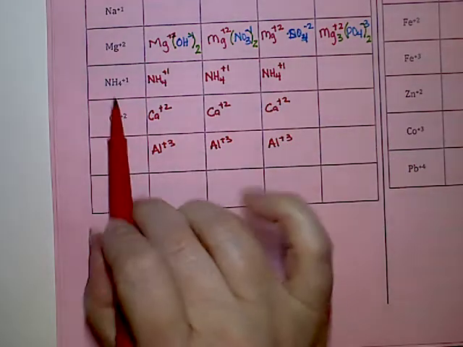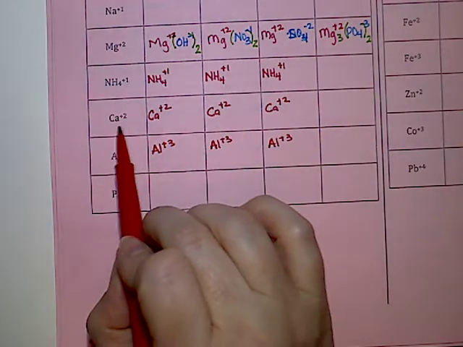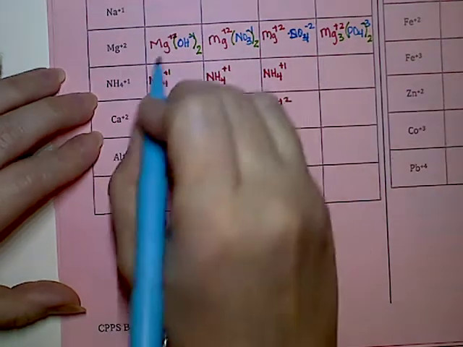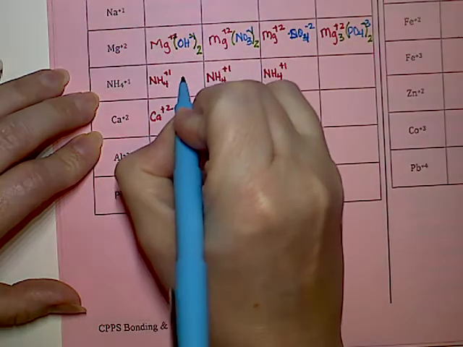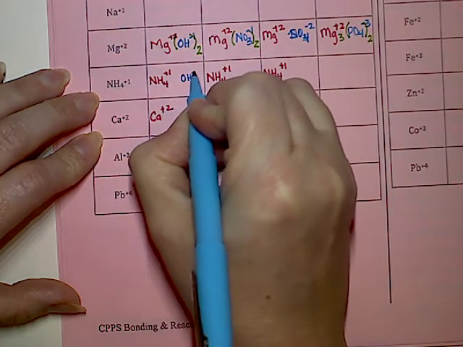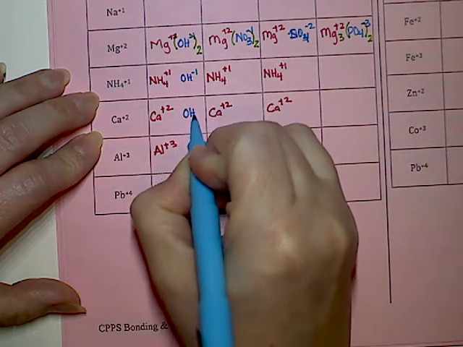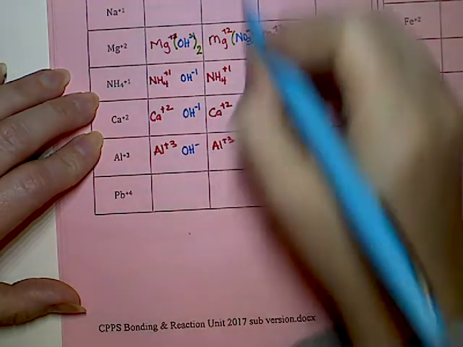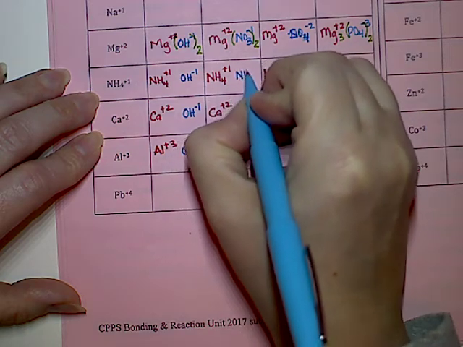Alright, so I did the ammonium row, the calcium row, and the aluminum row. And I have their symbols and charges written down. And then I'm going to do my columns. My columns, I never change what I'm writing. It's always OH minus 1 for this column. And then I'm going to do my nitrate column.